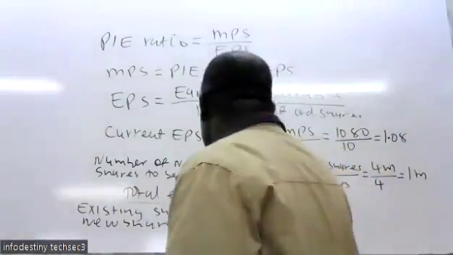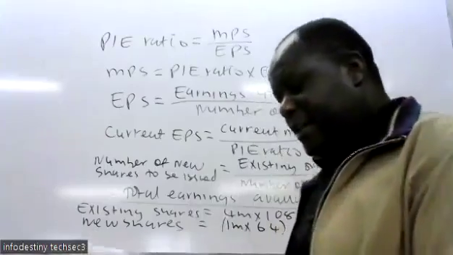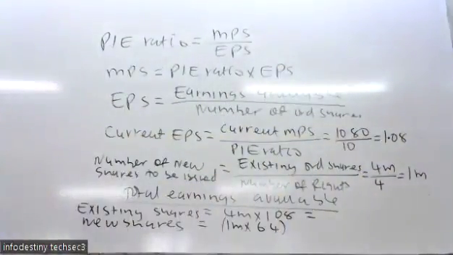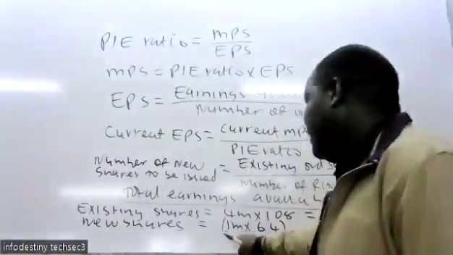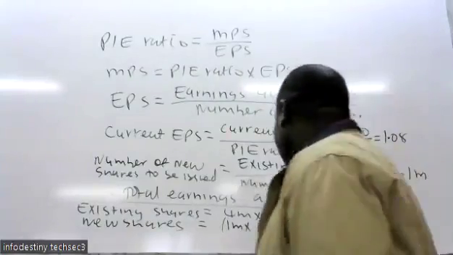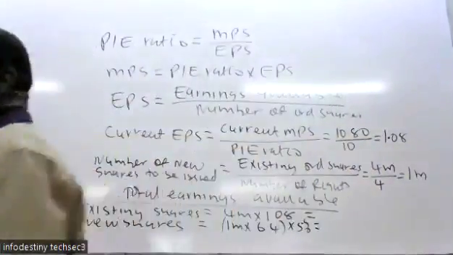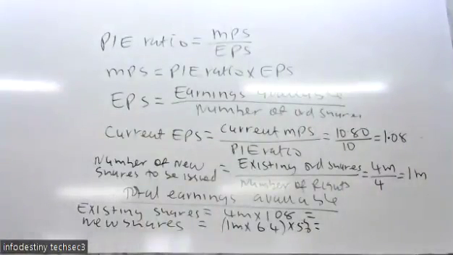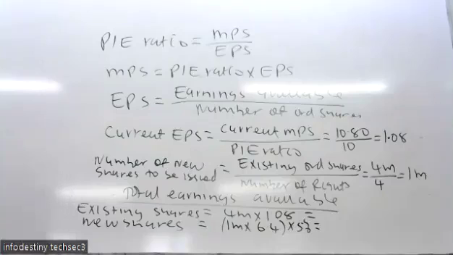They also said the new shares are expected to yield 5% earnings. So take the 1 million shares, multiply by 6.4, then get 5% of that. That will give you your earnings on the new shares.